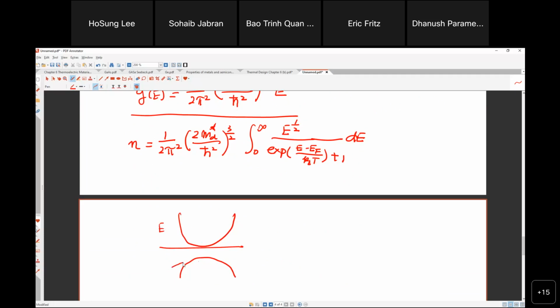But there could be more than one valley. So we say Nv is the number of valleys. It can be 1, 2, 3, depending on the material. Sometimes they put Nv, a number of more than one, for the number of electrons.